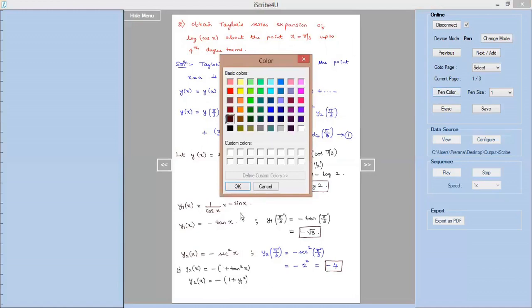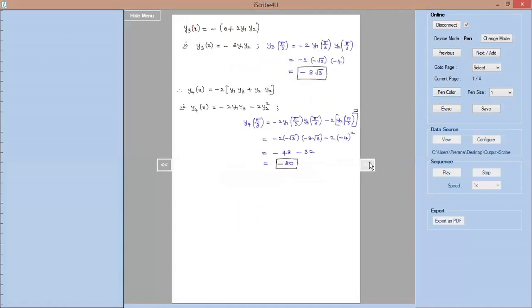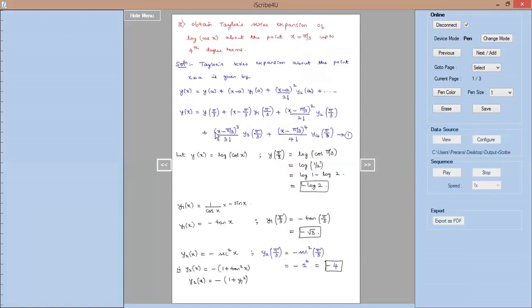So we will substitute in equation 1 to obtain the Taylor series expansion of the given function, that is log of cos x. Substituting in equation 1, y of x is nothing but log of cos x for us, is equal to, we will substitute term by term. So the first term is y of pi by 3 value, which is minus log 2.